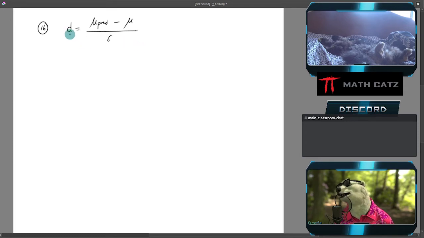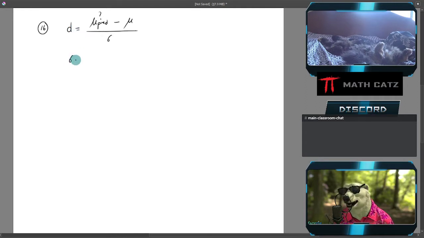But now I'm given the effect size and I'm looking for the predicted mean that would match that. So I have to shuffle these things around a little bit. I multiply both sides by sigma. Now let's show all the steps.